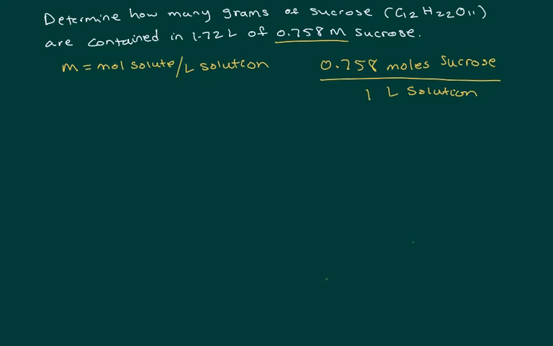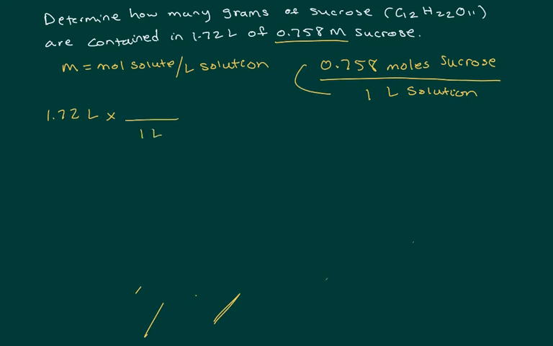I want to know how many grams of sucrose are contained in 1.72 liters of 0.758 molar solution. So my starting value is 1.72 liters of solution. Okay? And now I can use this conversion factor.